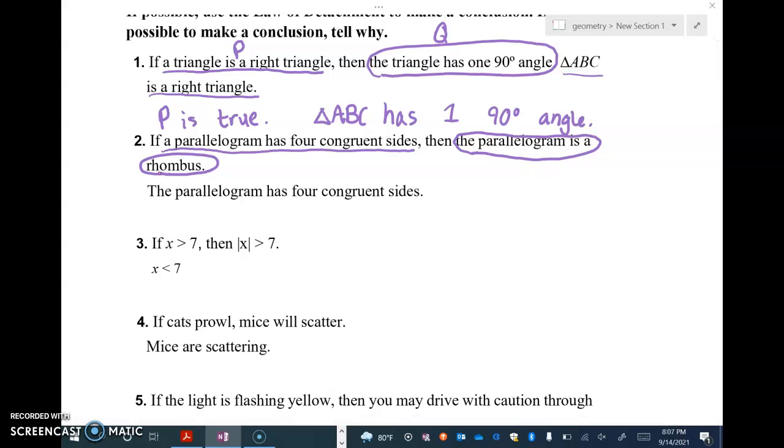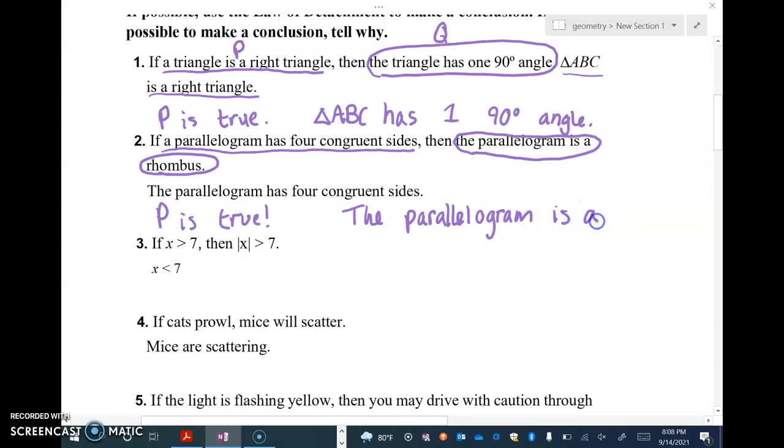So our job is to say, is this telling us P is true? Yes, it is. So P is true. That means we can say Q is true. The parallelogram is a rhombus.